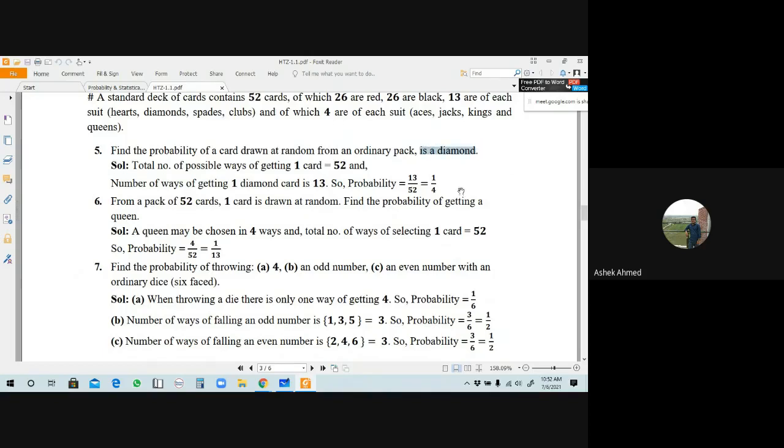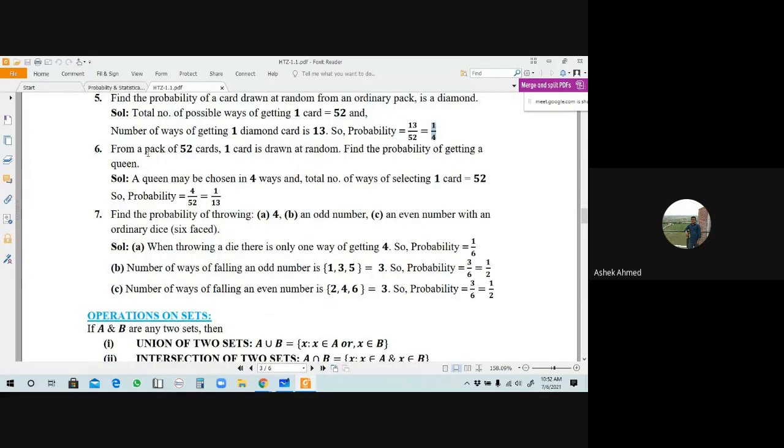Tell me, in an ordinary pack of cards, how many diamonds are there? 13 diamonds. The total number of cards in the pack is 52. So the probability of a diamond will be 13 by 52. Understand?